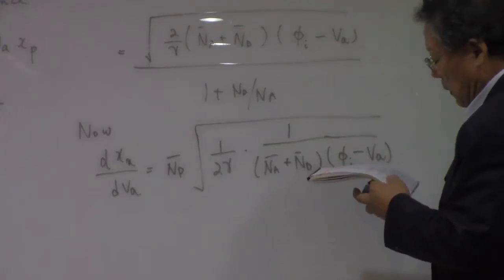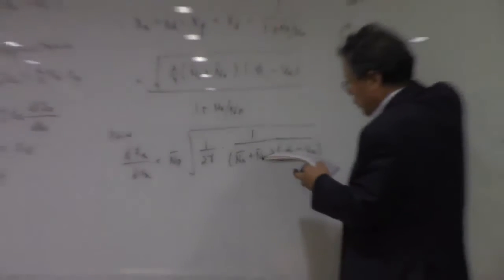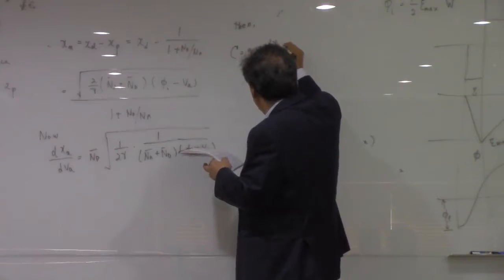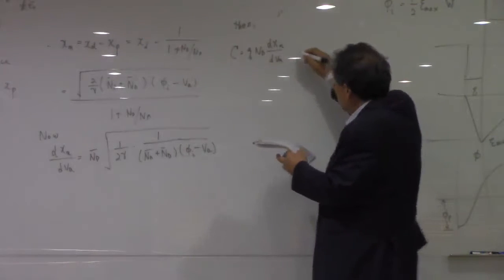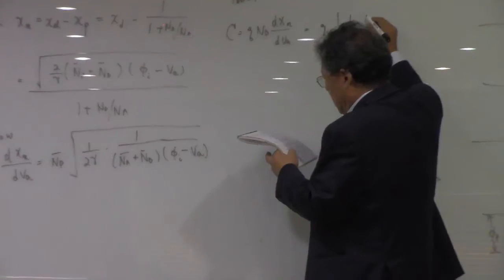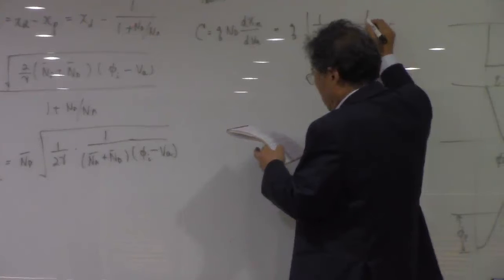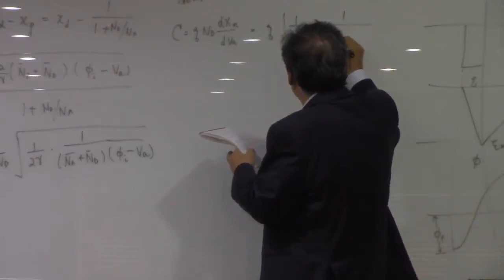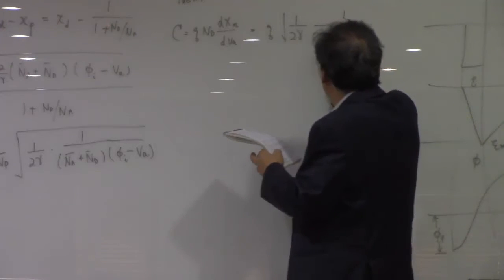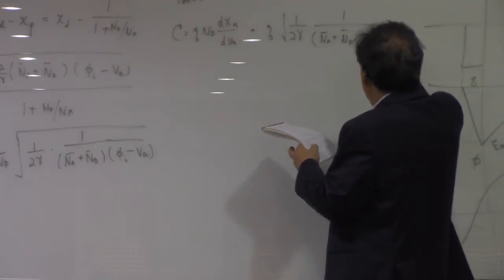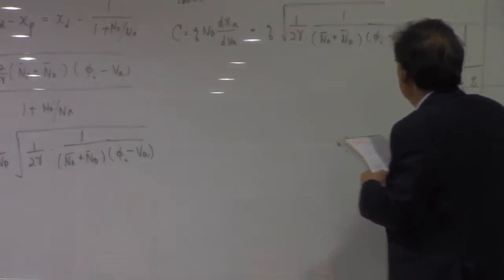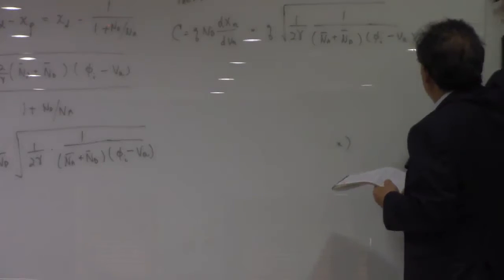Then the capacitance is Q Nd times dXn over dVA, okay? So it's going to be Q times the root of 1 over 2 gamma, with 1 over Na bar plus Nd bar, over phi I minus VA. That is the capacitance of this PN junction.